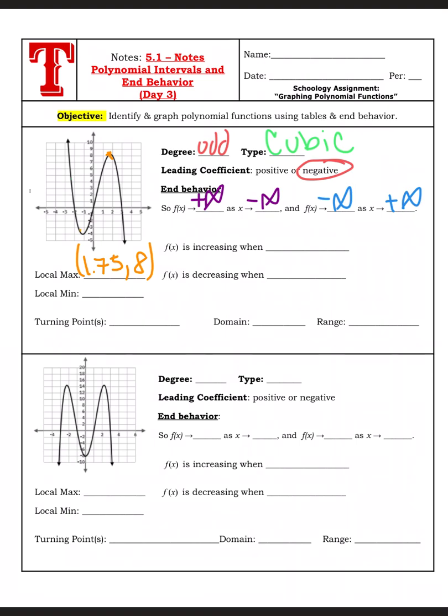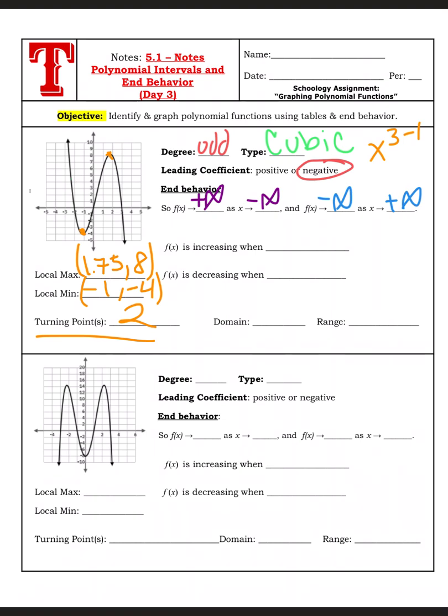And your local min, how low does it go? We're going to go ahead and call that a -1, comma -4. Turning points. Well, we do see our local max and our min, so that means there's 2. But remember, looking at your type and knowing that your degree is going to be x to the third, if I just subtract 1 from it, I would end up with the number of turning points.